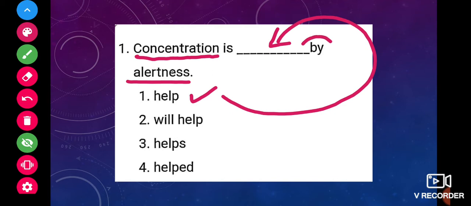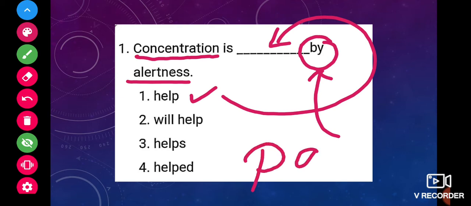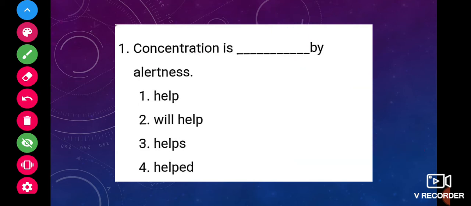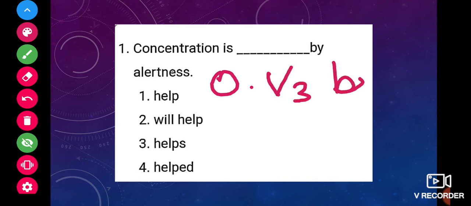If you concentrate at this by, we will come to know that this sentence is in passive voice. And as it is in passive voice, we will have to follow the format of passive voice. The format of passive voice is object, V3, by subject.